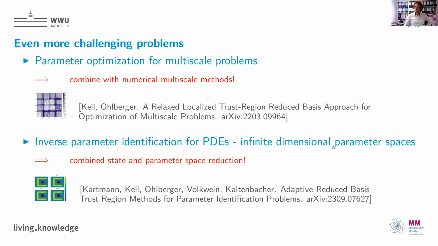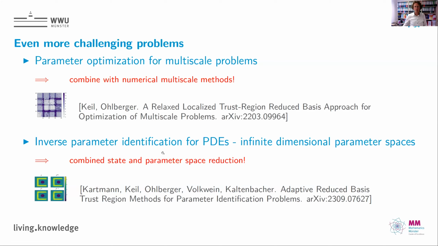So in these cases, the traditional reduced basis methods all fail from the beginning because of this high dimensionality of the parameter space. And just recently, yesterday, we published a paper on that, where you can find the ideas of a combined state and parameter space reduction.